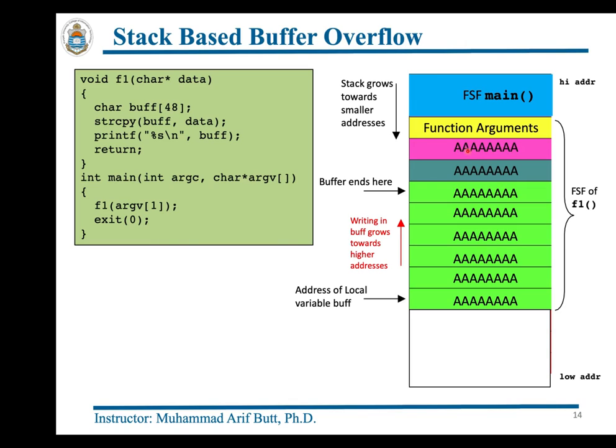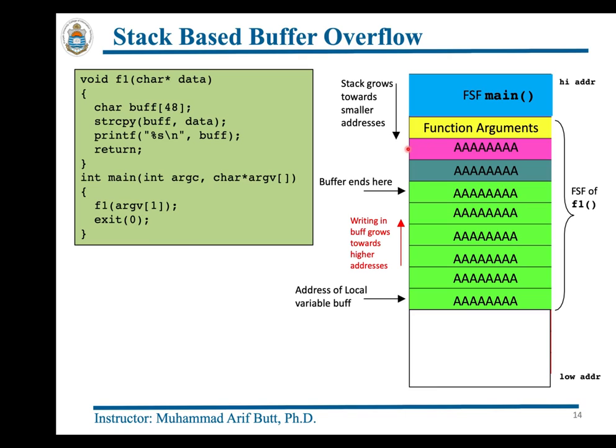And if this happens, that is, this return address over here is overwritten by, let's suppose, alphabets A, then when this return statement of C will execute, it will try to return to this corrupted address over here, A, which is of course not the address of the next instruction inside the main function.